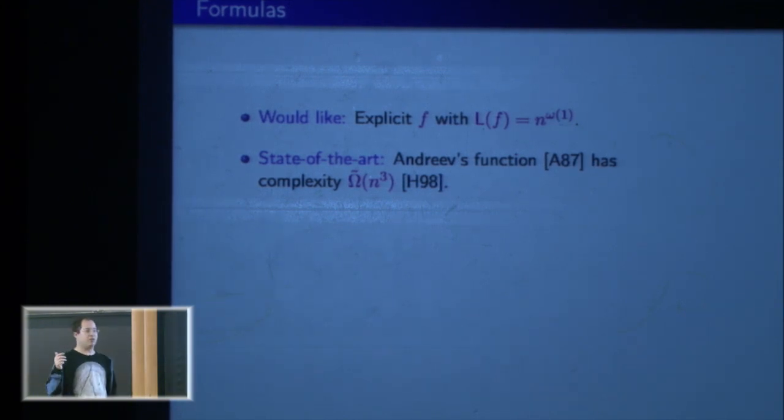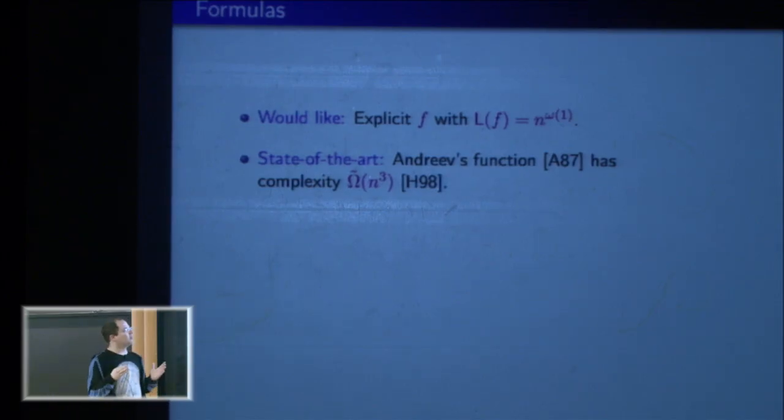I mean, we know by a simple counting argument that most functions have exponential formula complexity. But the best thing we can do is show one function that has cubic lower bounds. And this is called the Andreev function, and the result is due to Hastad. The function is due to Andreev, the lower bound is due to Hastad.